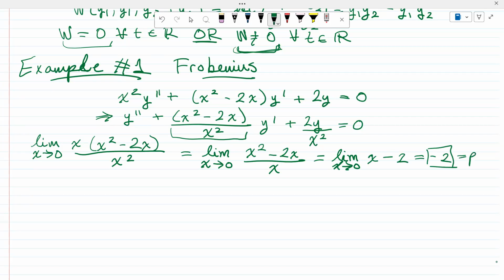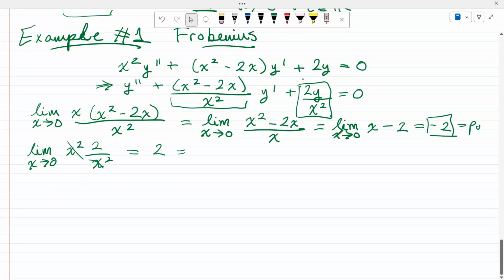So far, so good. This limit exists. Then we need to multiply by x squared, and now we're looking at this variable coefficient right over here. So we have times 2 over x squared. The x squareds cancel out, and we just have that equal to 2. And this will be equal to q naught. All right. So we're good. Therefore, we know that this is a regular singular point.